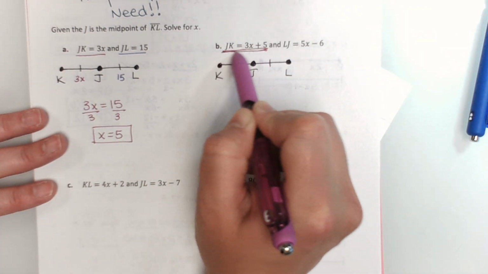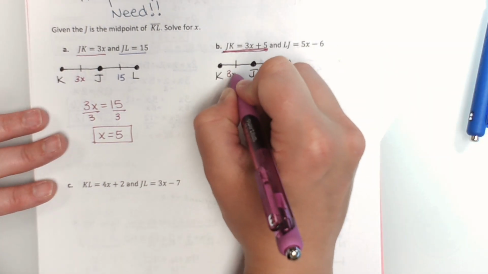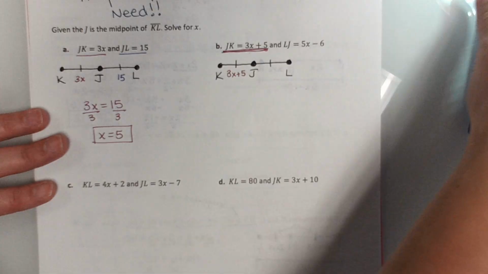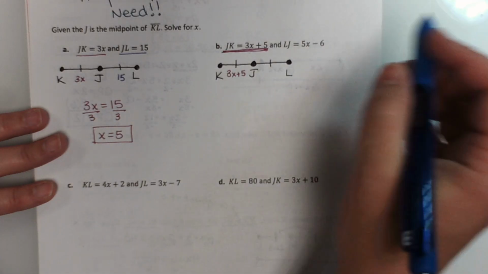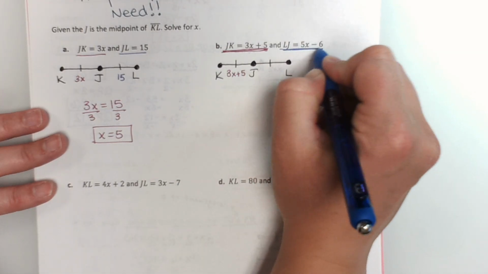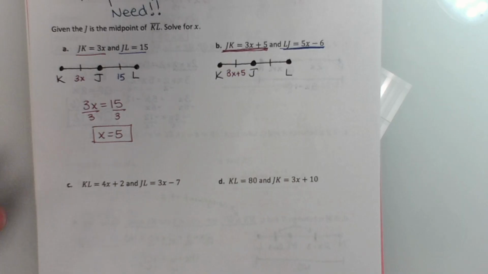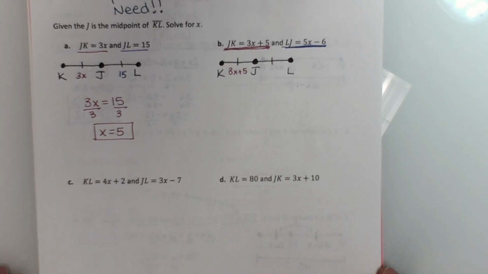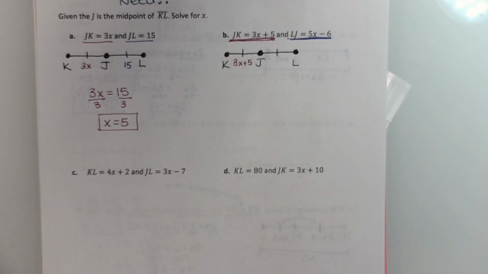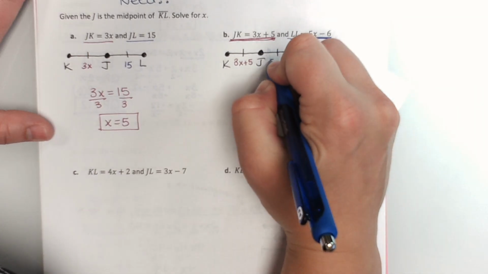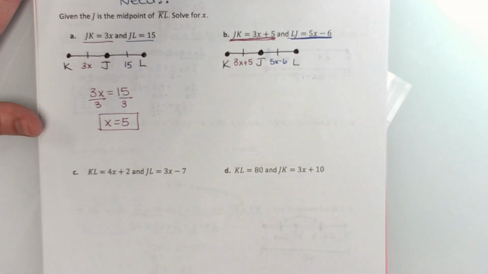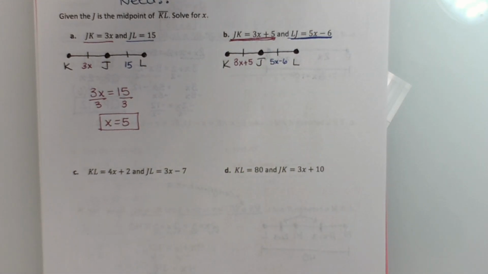It's the left side. LJ is 5x minus 6. Is that the right side or all the way across? It's the right side. This problem looks very similar to the last one. It was intended that way.